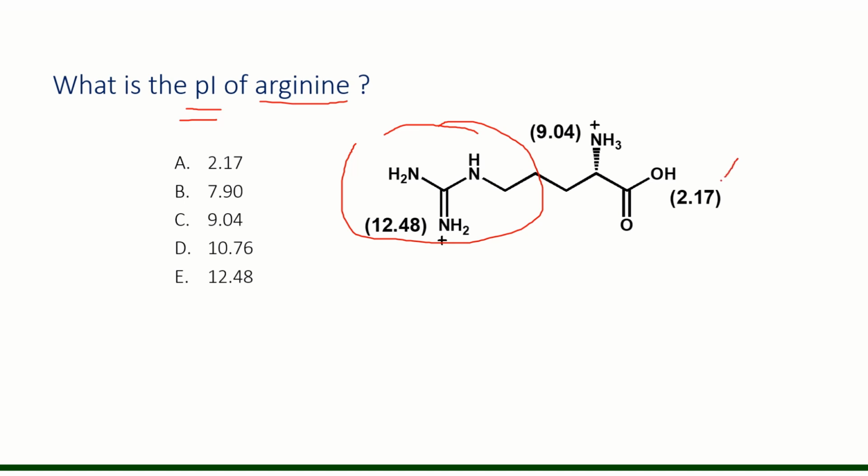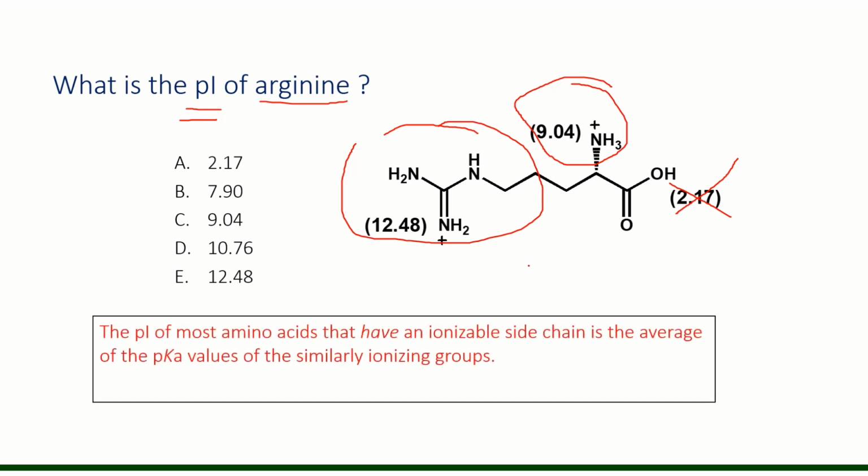So as an approximation, I can ignore the pKa of the acidic group, and all I do is add these two together and divide it by 2. So we average the two groups that are significant, and the significant groups are of course the two basic units. You add them and divide by 2, and that should give you 10.76.